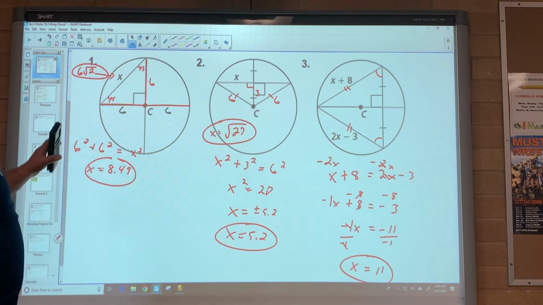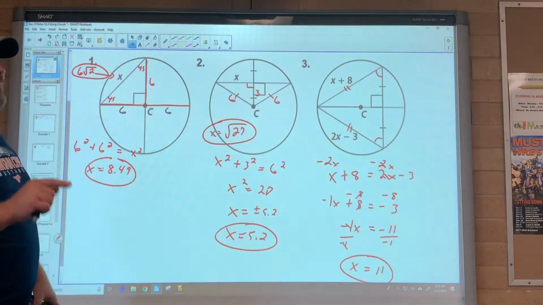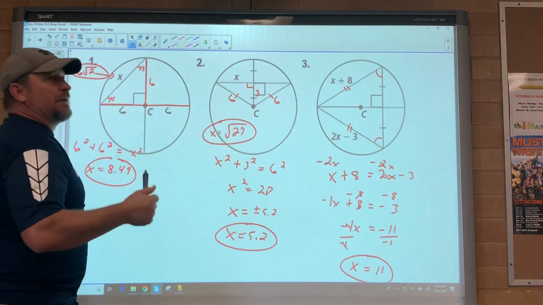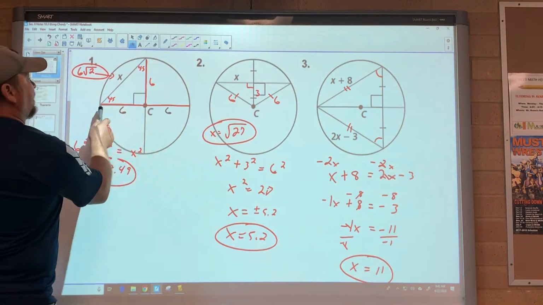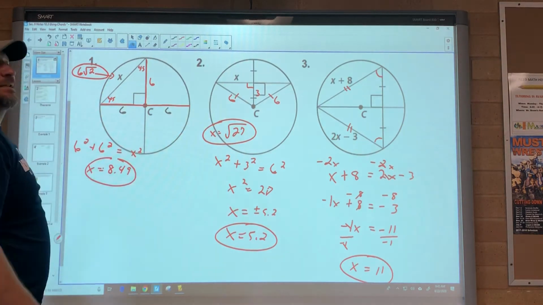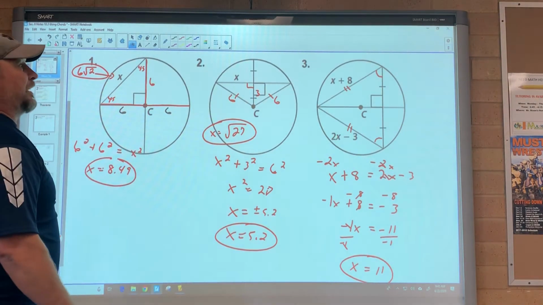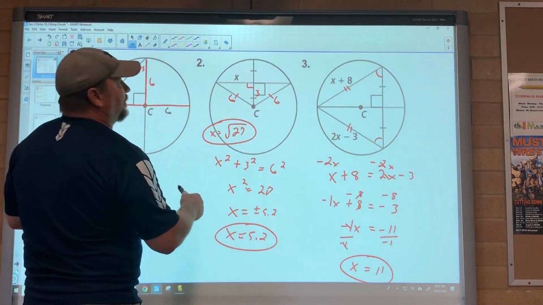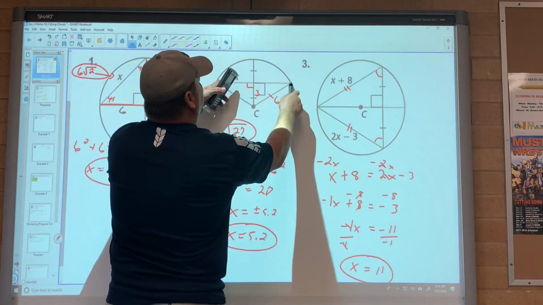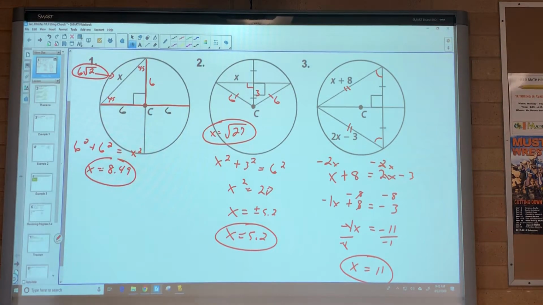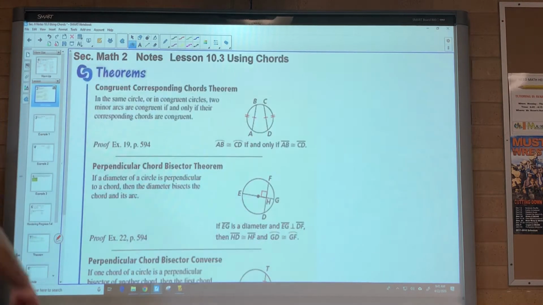When you're looking at triangles inside of circles, just remember, any line from the center to the edge is a radius. Any line going through the center from side to side, hitting the edges, is a diameter. That's double the radius. And any pieces that are just touching the edges, not going through the center, is a chord. But we're going to discuss chords quite a bit today.